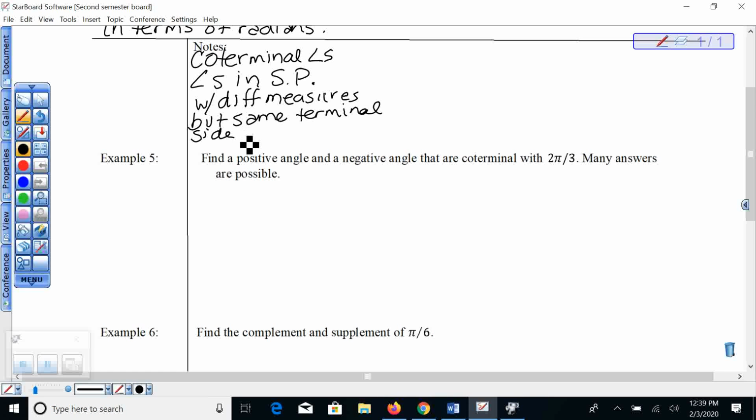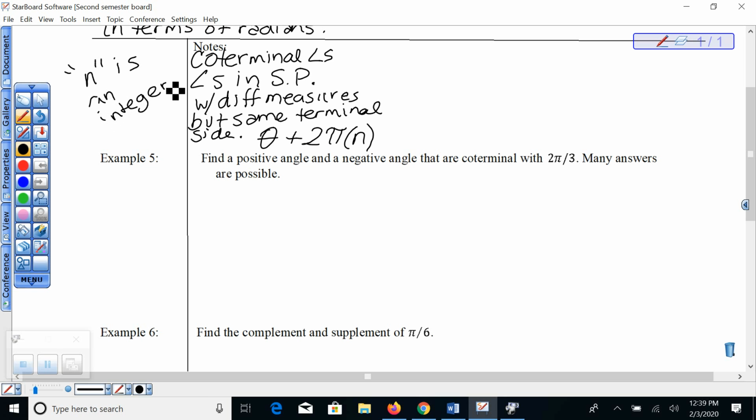So for example, if I give you angle theta and I want you to find an angle that's coterminal to that, I'll ask you to add 2 pi, because that's 1 full revolution in radians, times some number of revolutions, we'll call that n. Okay, and over here let's just define n.